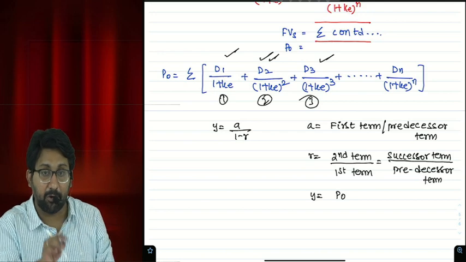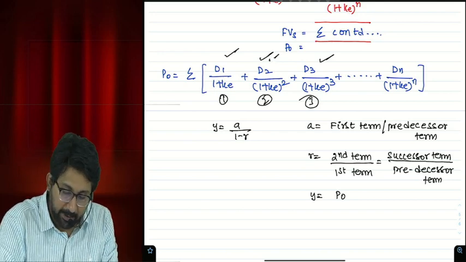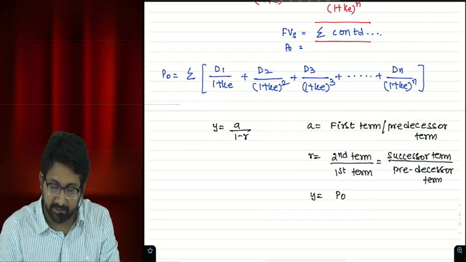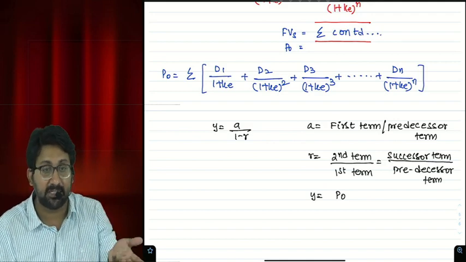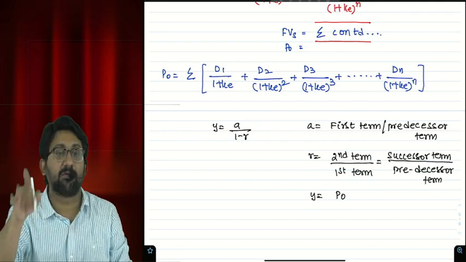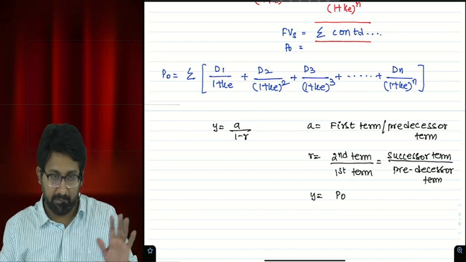If you compare 2 and 3, A becomes D2 by 1 plus KE whole square. It depends on what series you are going to take. In a geometric progression, any two terms you take, second term by first term, third term by second term, 100th term by 99th term, like that nth term by n minus 1th term. Successor term by predecessor term.